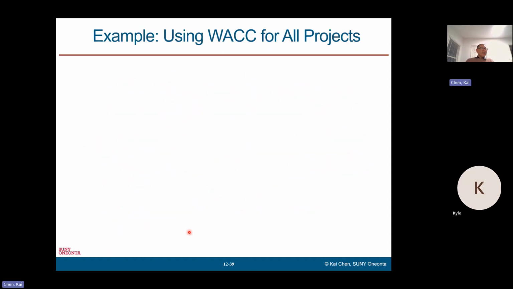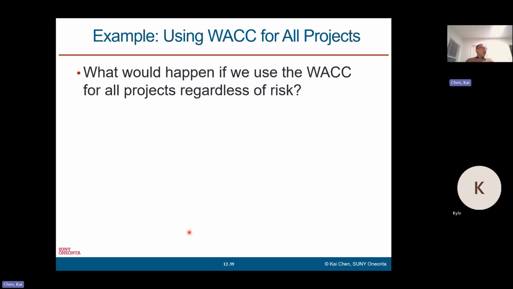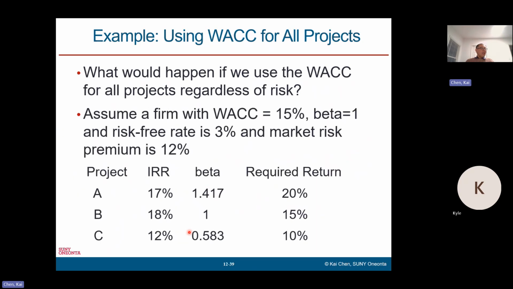Now let's look at an example to explain. What would happen if we use the WACC for all projects regardless of risk? Now, assume a firm has a WACC of 15%, and the beta of total assets.